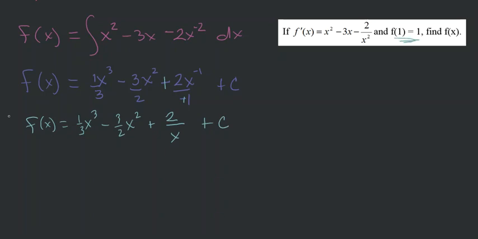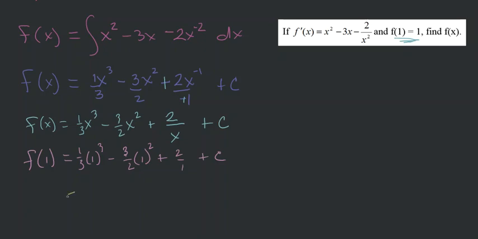So now we'll stick 1 in the place of all the x's. If we stick a 1 in there, it's going to be 1/3 times 1 to the third, minus 3 over 2 times 1 squared, plus 2 over 1, plus c.